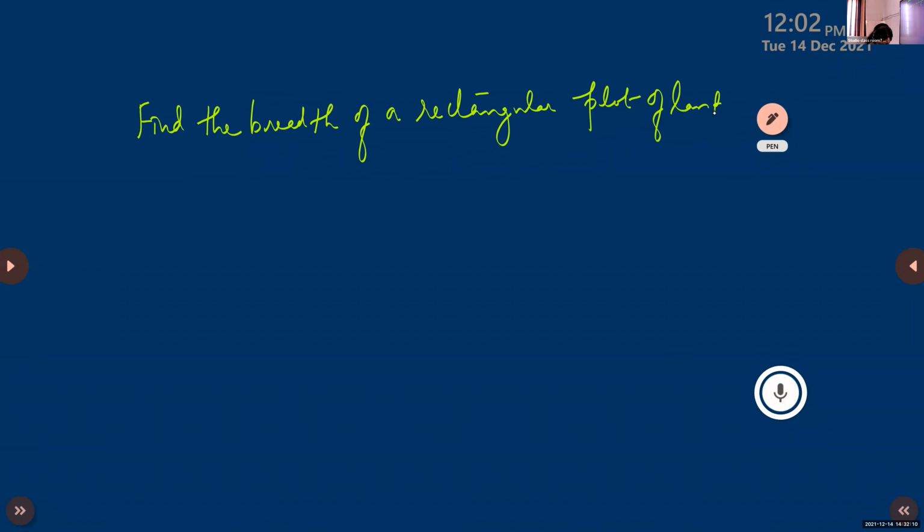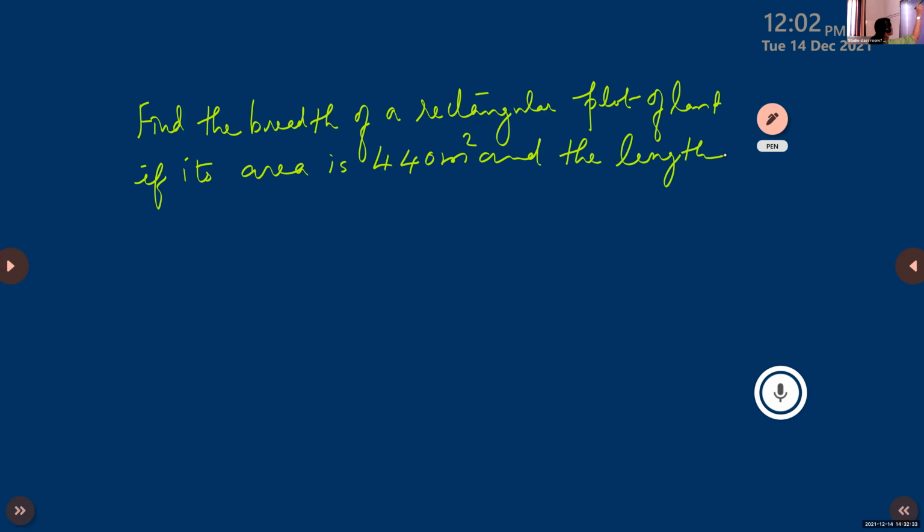If its area is 440 meters square, and the length is 22 meters.